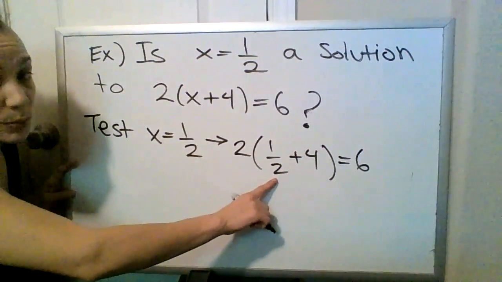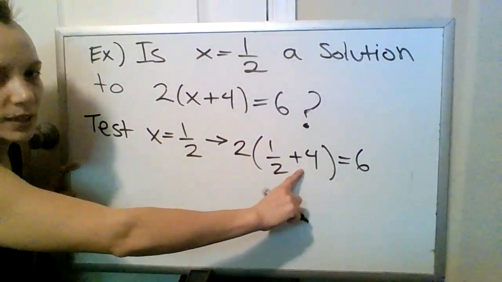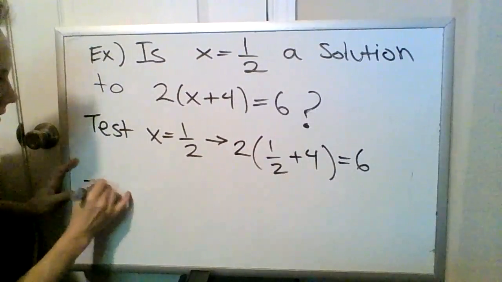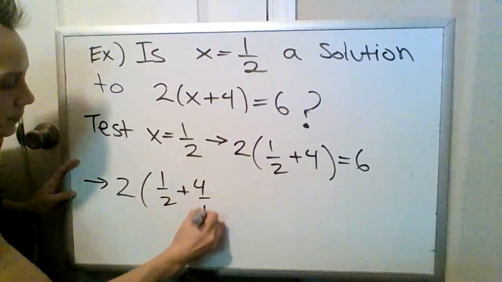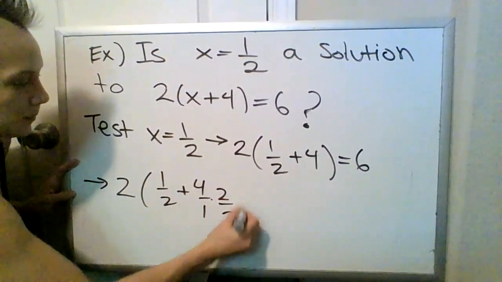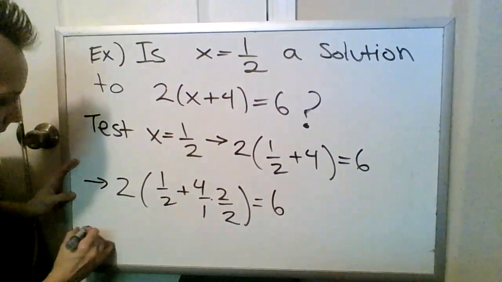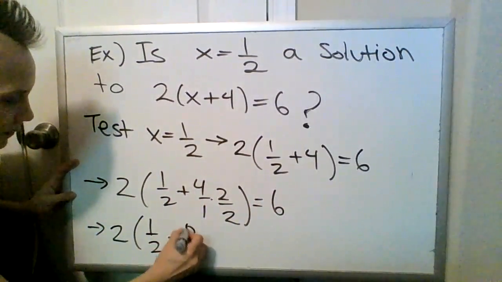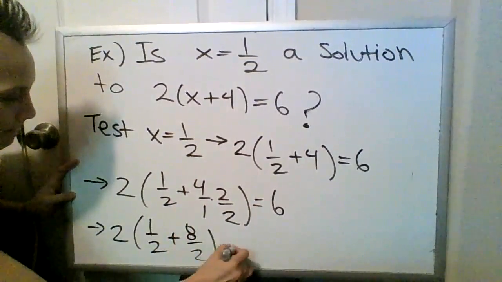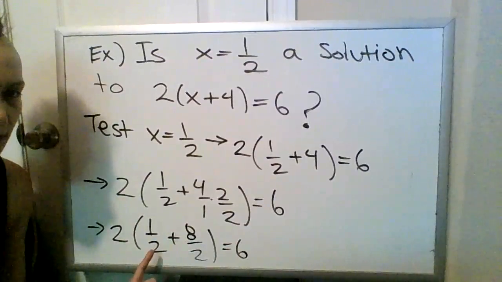I'm going to work inside of the parentheses. You could distribute 2, but instead I'm going to get a common denominator of 2. So 9/2 times 2.